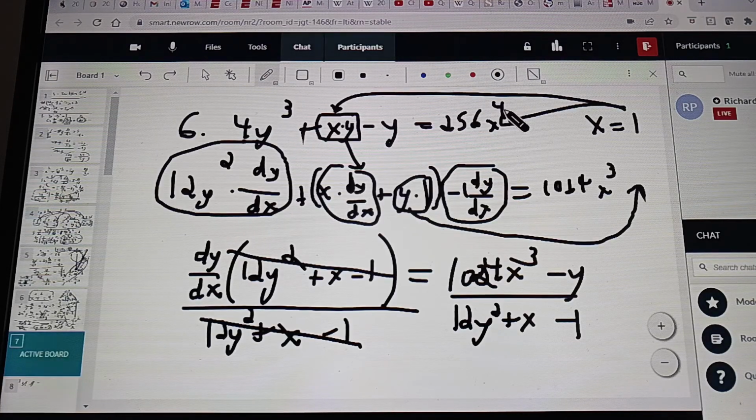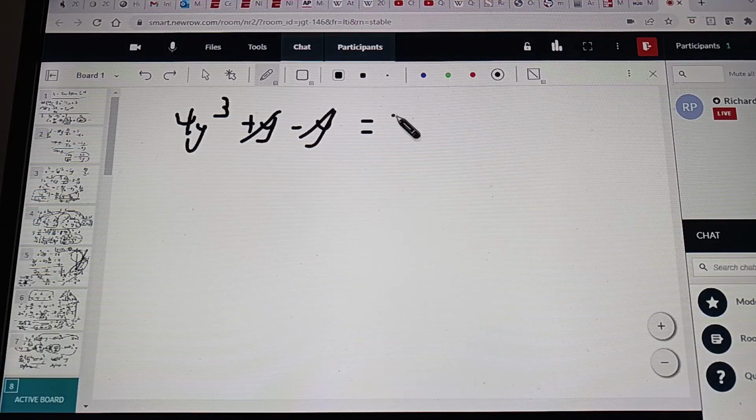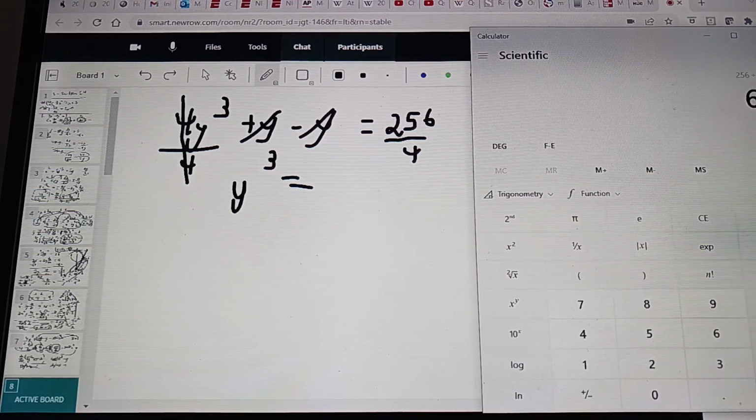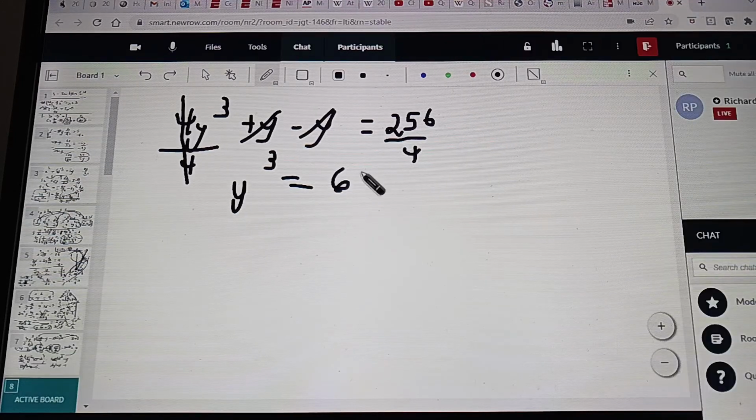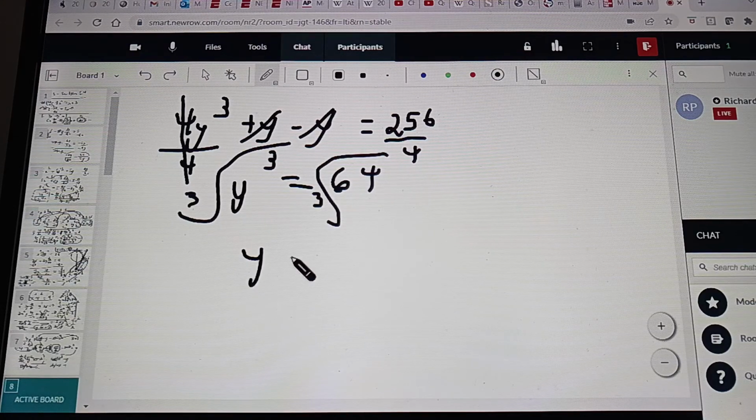And then this would equal 1 times 256, which is 256. Then we could divide both sides by 4, since that's all that's there on that side. 256 divided by 4 is 64. And the cube root of 64 is 4.